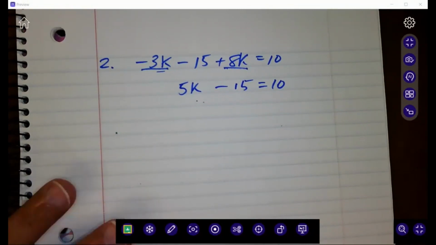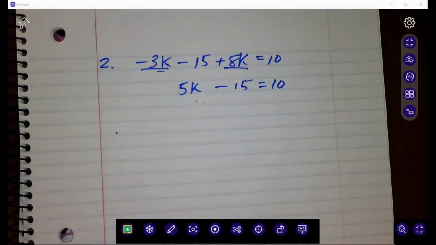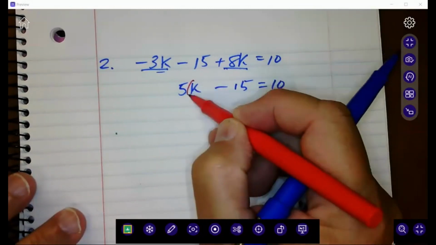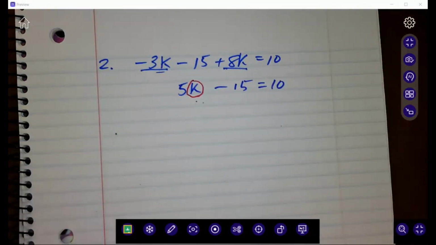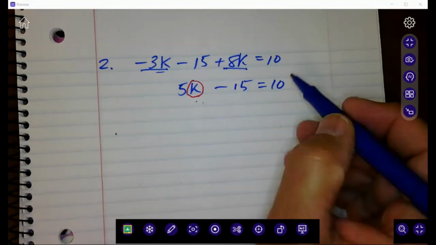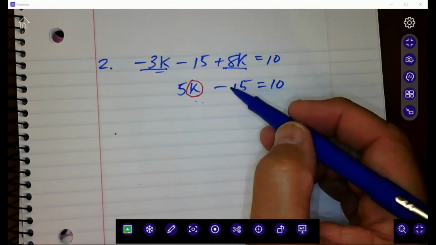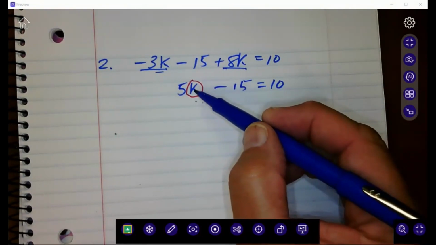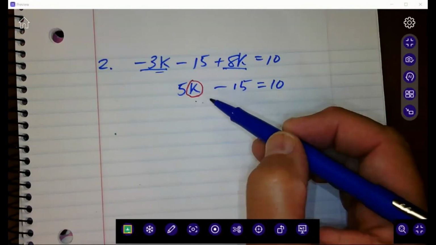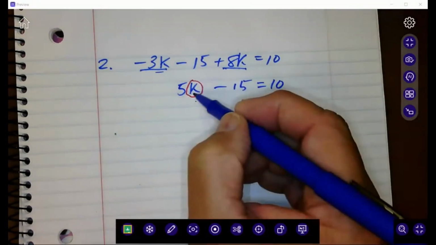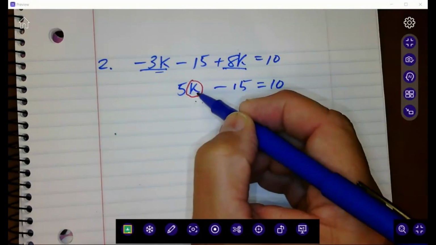Now we have a problem just like what we've been working. We focus on the variable. I don't care what's happening on the other side. I only care about what's happening on the side where the variable is at. You focus on that variable.